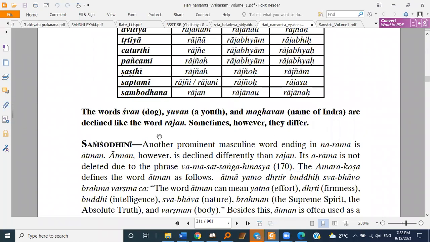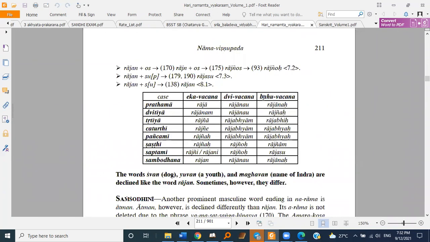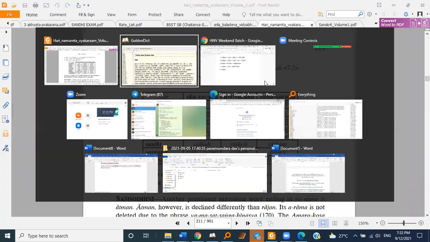The words Shwan, Yuvan, Bhagavan are declined like the word Rajan. Sometimes, however, they differ. So we'll do this next time. Too many words today. So please take your time, practice these words. Any doubt?